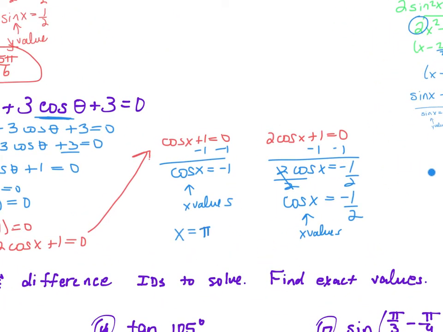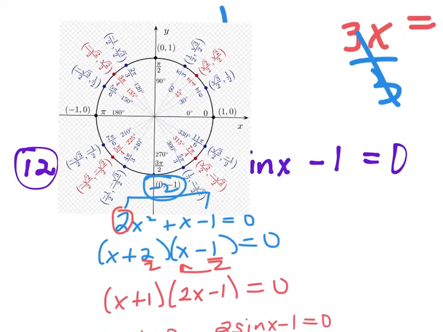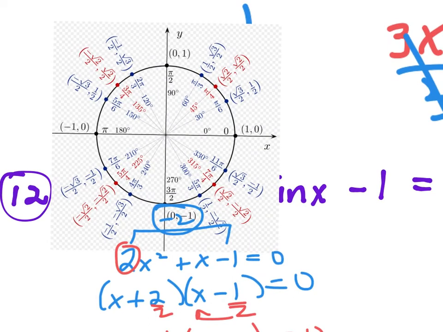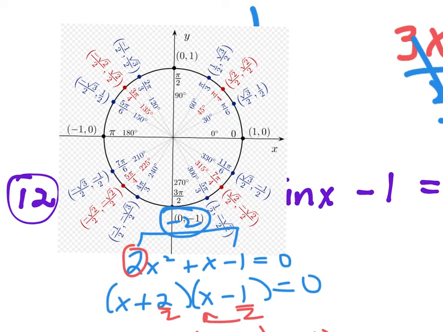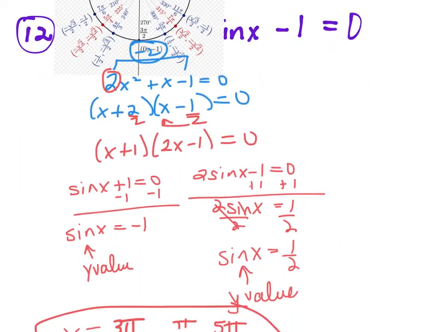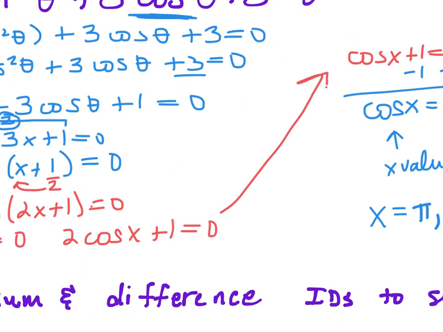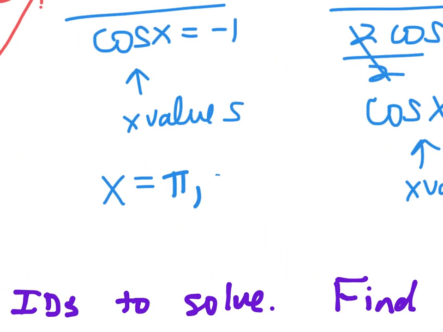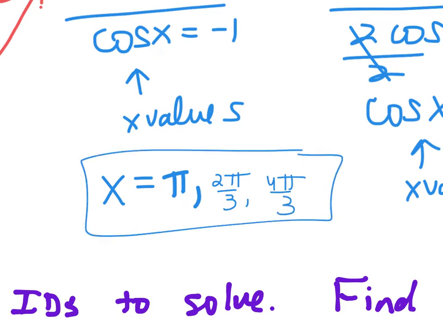So I have pi, comma, and then I need where x would be -1/2. So my -1/2 would be 4 pi over 3 and 2 pi over 3. So we will write that as 2 pi over 3 and 4 pi over 3. And you can box your answer.